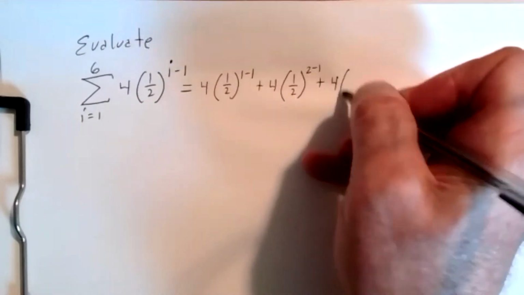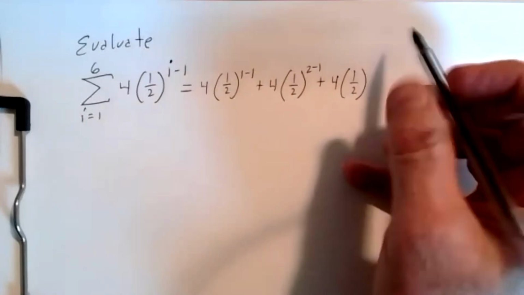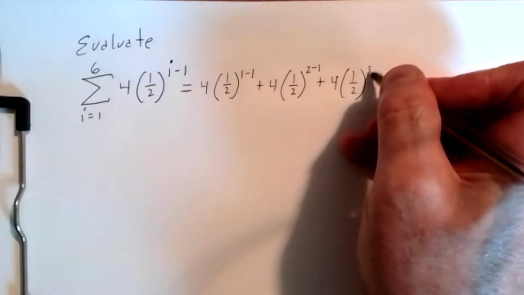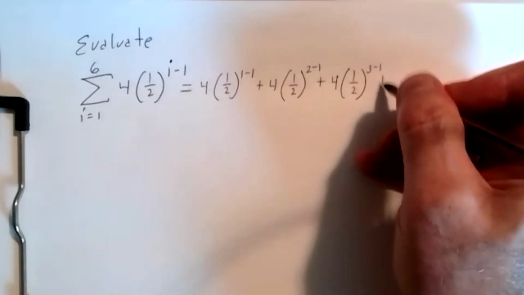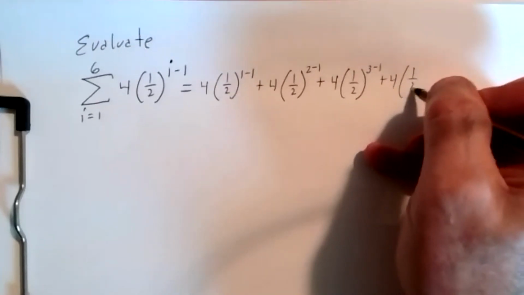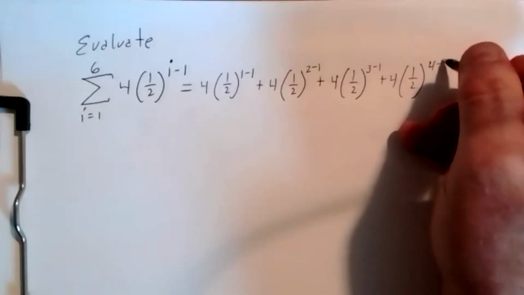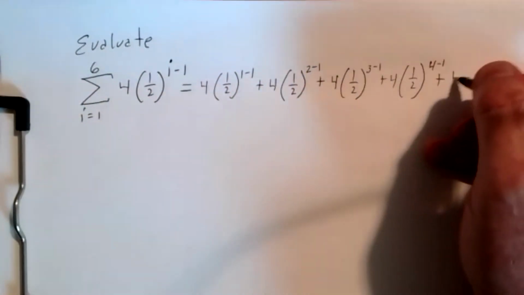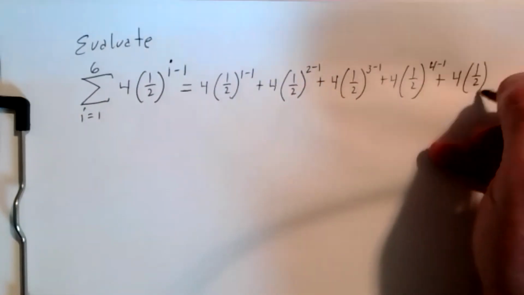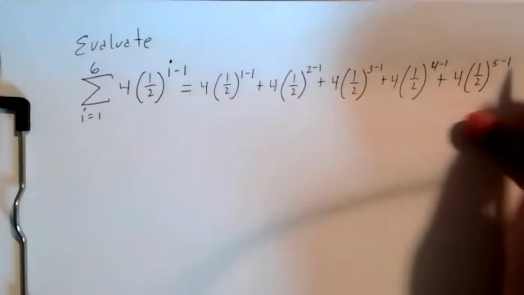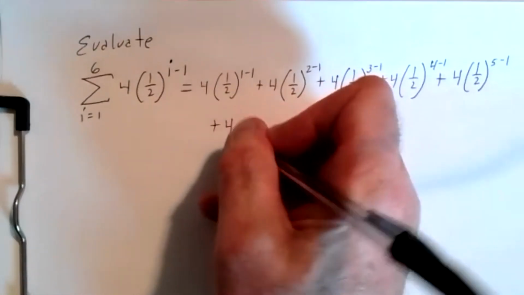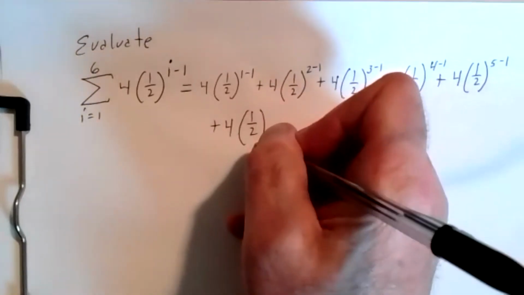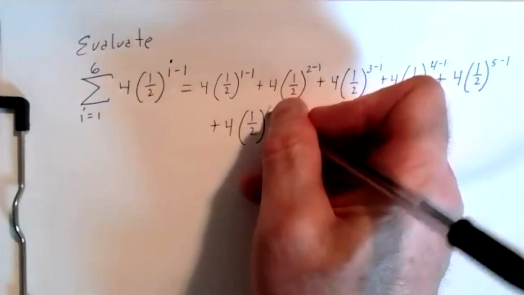Third term is going to be 4 times 1/2 raised to the 3 minus 1 power, plus 4 times 1/2 raised to the 4 minus 1 power, plus 4 times 1/2 raised to the 5 minus 1 power, plus 4 times 1/2 raised to the 6 minus 1 power.